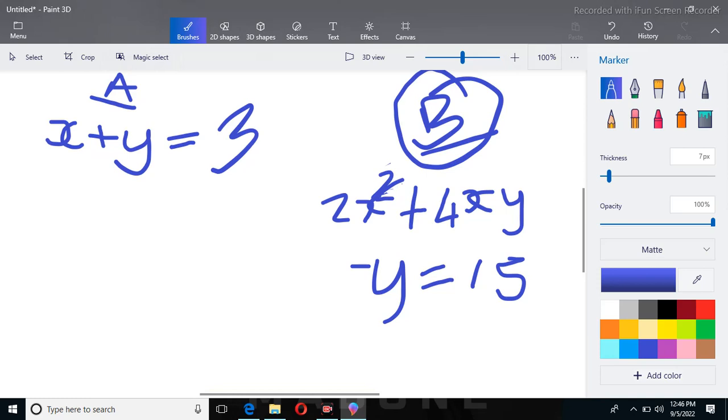That's what simultaneous equation is. We are solving things at the same time. We are solving for two variables at the same time. And it's not always supposed to be x and y. It could be z and t or whatever. At the end of the day, we are solving for two variables at the same time, using mathematics.